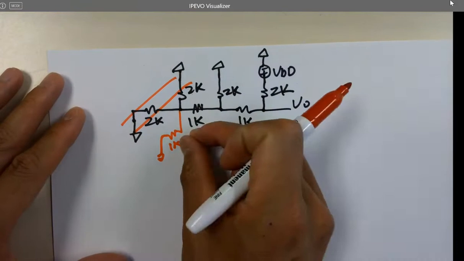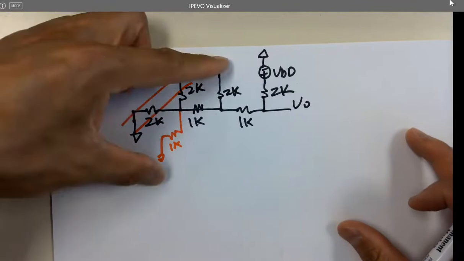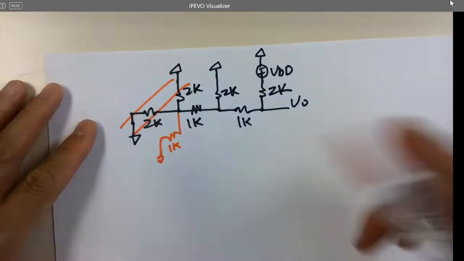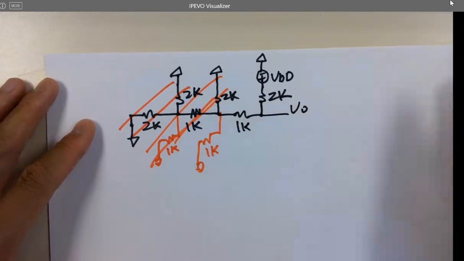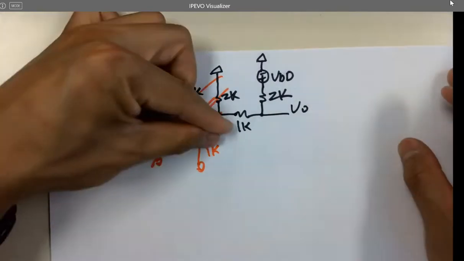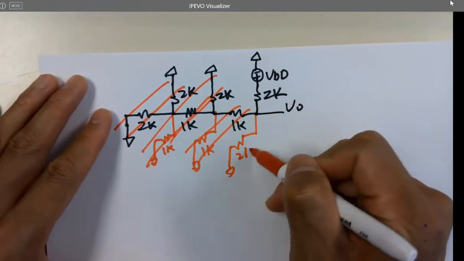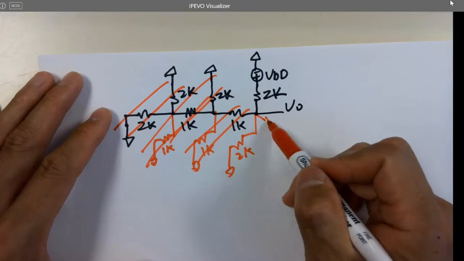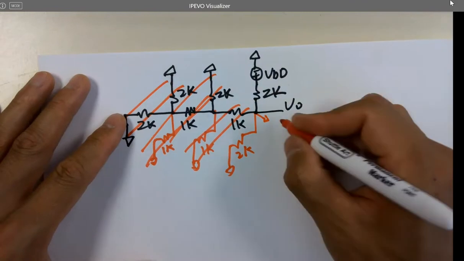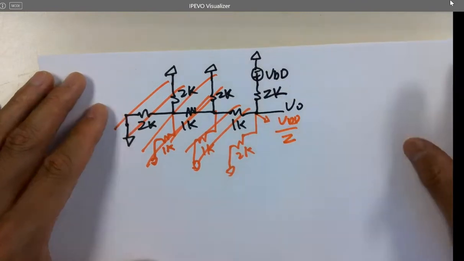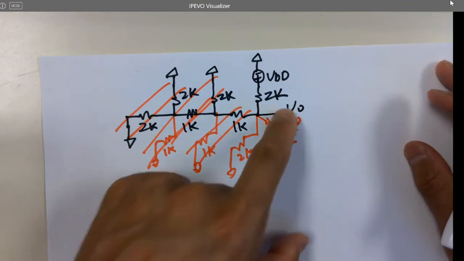And combine these two, the 2K and 2K in parallel with this 2K. So the whole thing here is just a 1K resistor, and then 2K. So what is this VL?